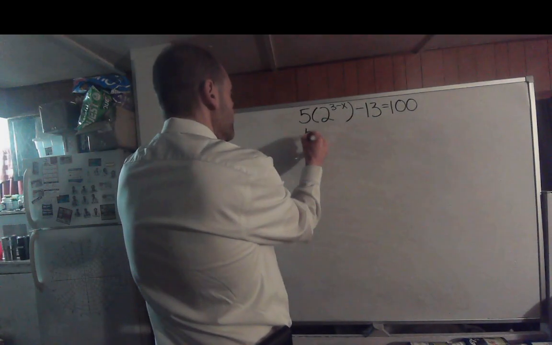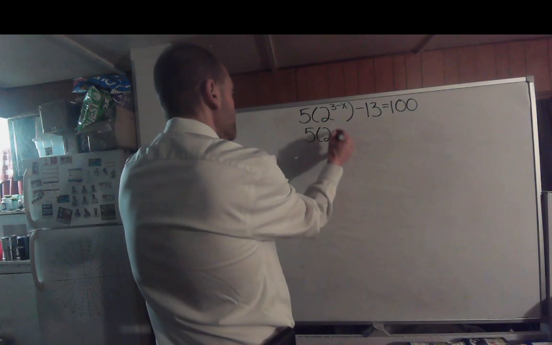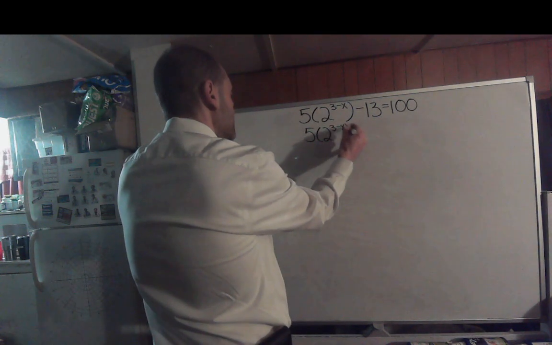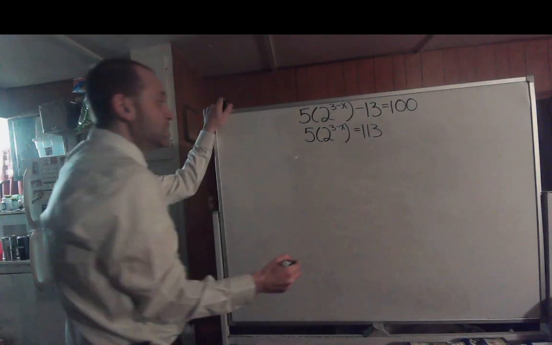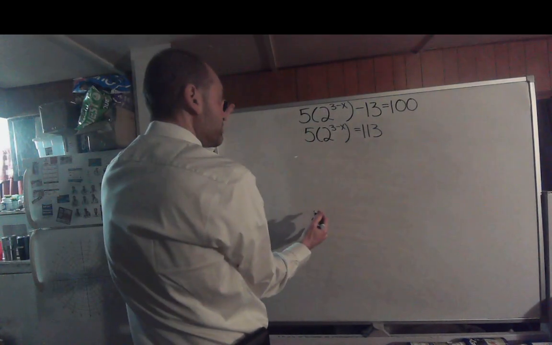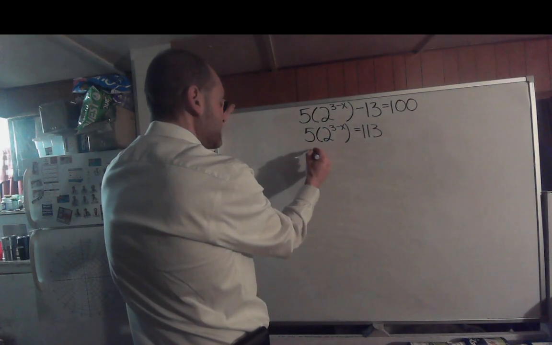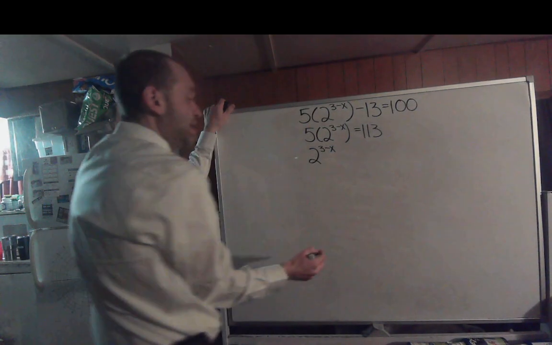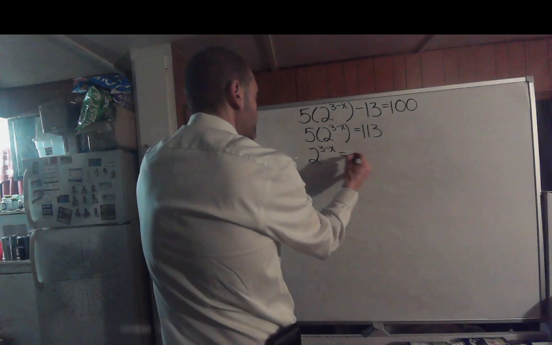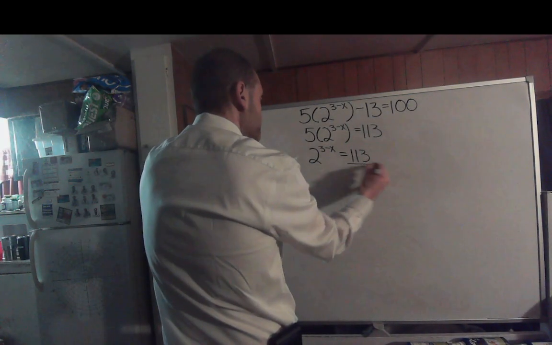So this will turn into 5 times 2 to the 3 minus x is equal to 113. Next, we get the 2 to the 3 minus x by itself. So you would end up getting 2 to the 3 minus x equals 113 fifths.